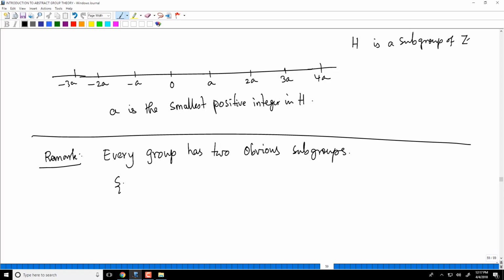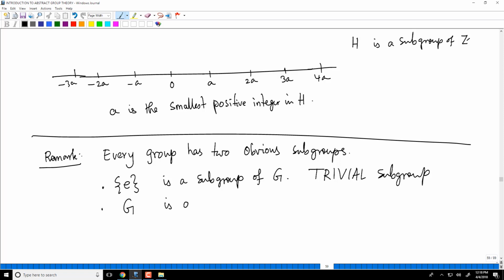You can take E, the identity, and {E} is a subgroup of G because it is closed under the binary operation. There is just one element, so if you apply E squared, E cubed, it is all E. The identity is there, inverses are there. So it is a subgroup. This is called the trivial subgroup, because it has just E.